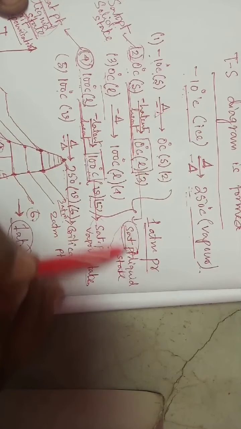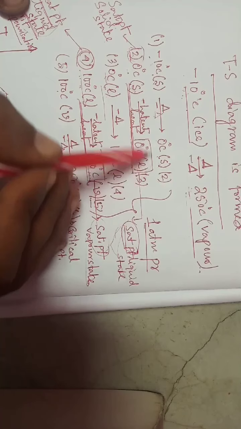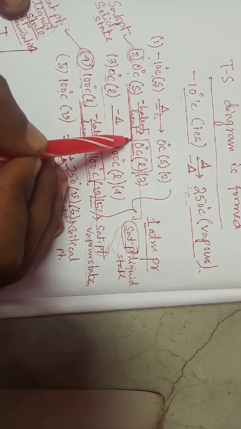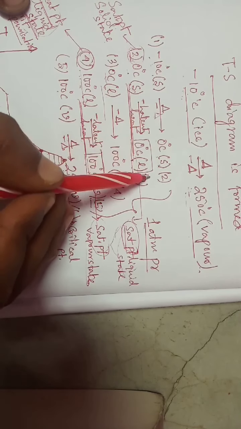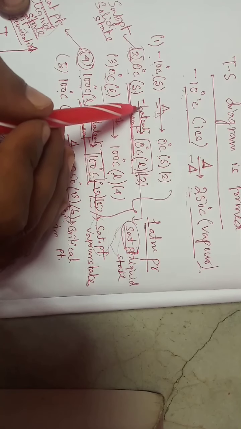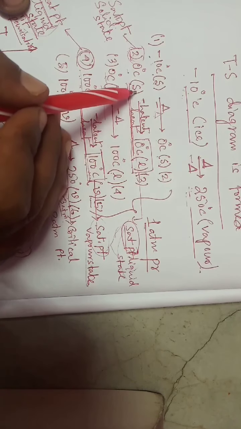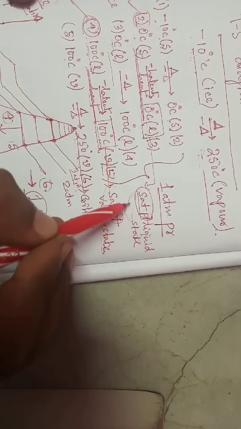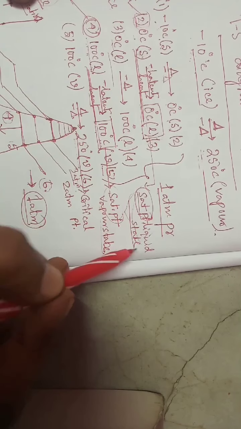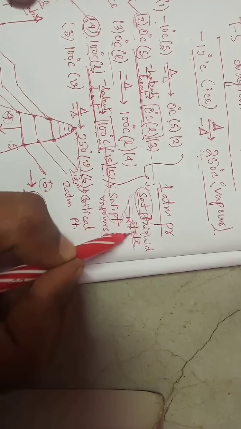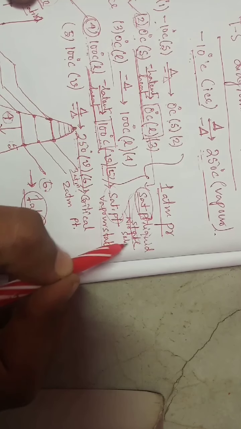Okay. Now there is another saturated liquid point, and this process is during the reverse. And what is here? The 0 degree centigrade of liquid is converting into a solid state, means it is a process of solidification. So we can say that this is the saturated liquid state with respect to solidification.